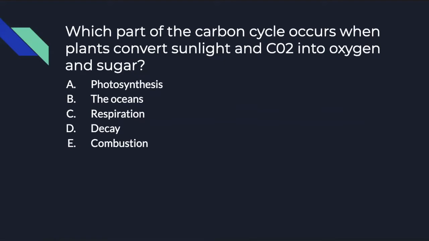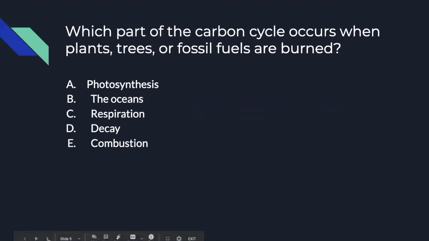So it is going to be important that we know the difference between photosynthesis and respiration and combustion. Decay, obviously that's going to be a little bit different than those three. You know, decay kind of means to be decomposed. And the oceans, that one should be pretty self-explanatory, people. That big blue thing, a few miles towards the east.